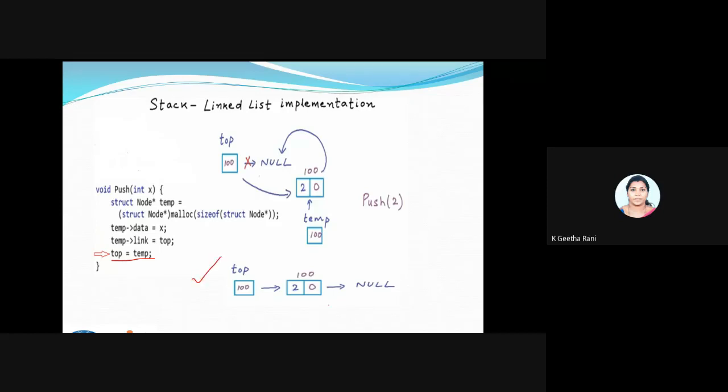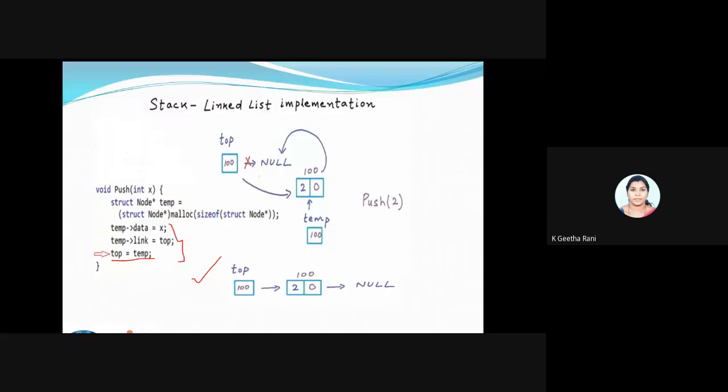I'm inserting a node at the beginning of my stack. For doing this, I have used 3 lines of code inside my push operation. I created a node, and I pointed a temporary variable at my node to make the values accessible.